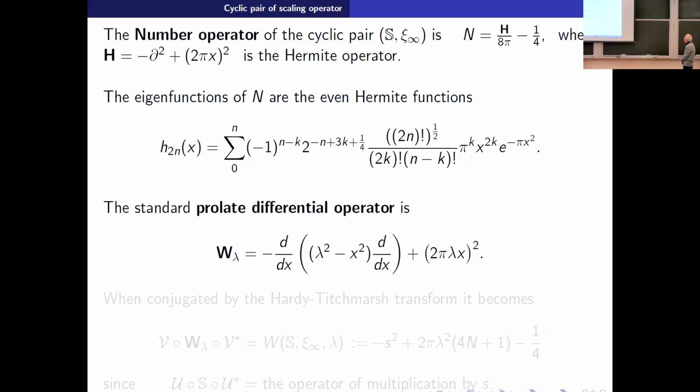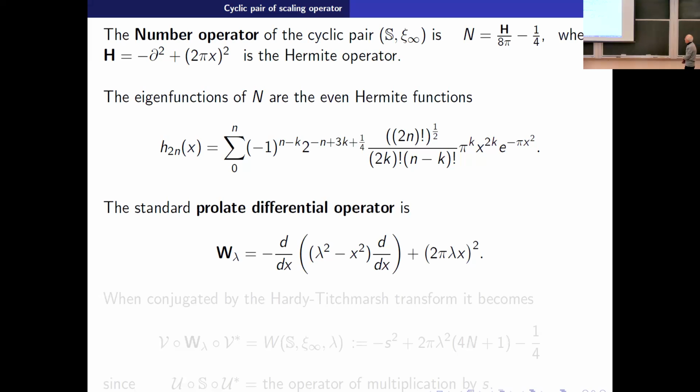And now if you compare it with the standard prolate differential operator, the one which was mentioned by Alain, that those people from Bell Labs have used, this operator being known from the work on the ellipsoid with, as Alain mentioned, the Laplacian.